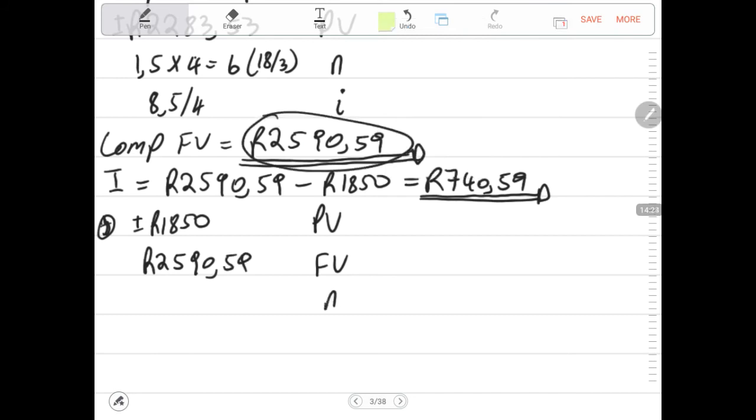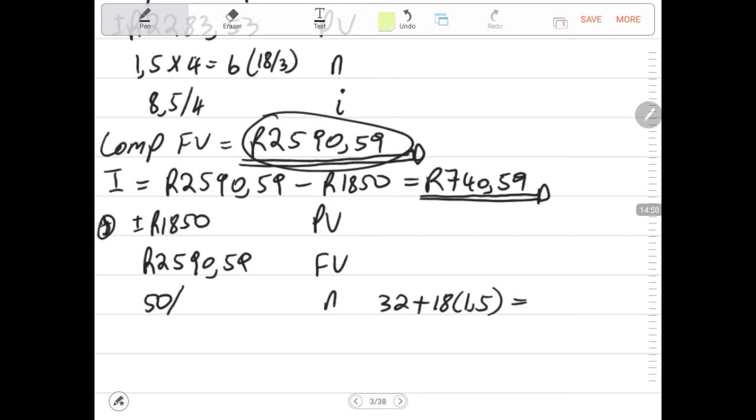Then after we need to say our N was 50 months. 50 months was made of 32 plus 18 months. Remember, 18 months was 1.5 years. So the total that we have invested this amount was for 50 months.